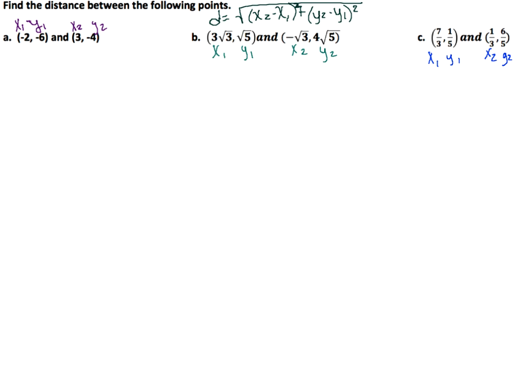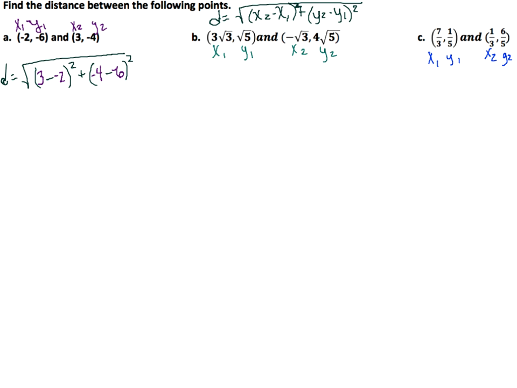Okay, so now I'm ready to put these points, or the coordinates, into the formula to find the distance between those 2 points. So I have the distance equals the square root of, I'm just going to give myself the form here to plug into. And now I'm ready to put my points in. So x2 is 3, y2 is negative 2. Oh, I'm sorry. x2 is 3, x1 is negative 2. y2 is negative 4, and y1 is negative 6.